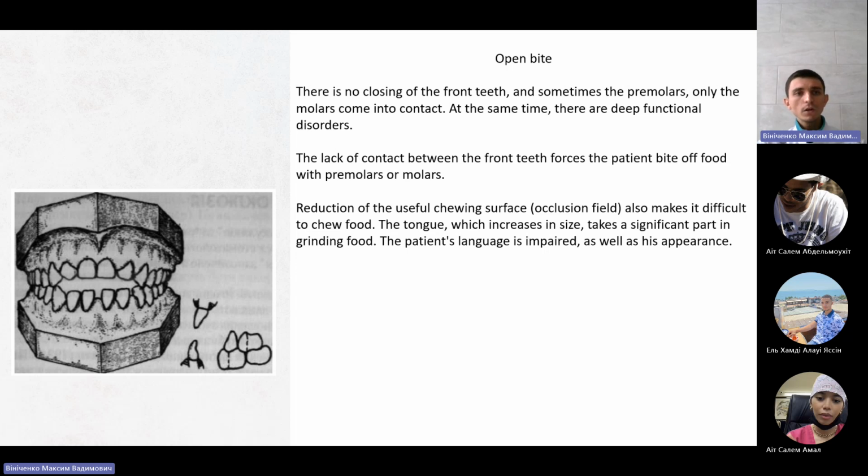So here, molars, second molar, first molar, second premolar, first premolar, and the upper and lower jaw are in contact. But the disocclusion begins in the area of the first premolar. We call this the second type of the open bite.